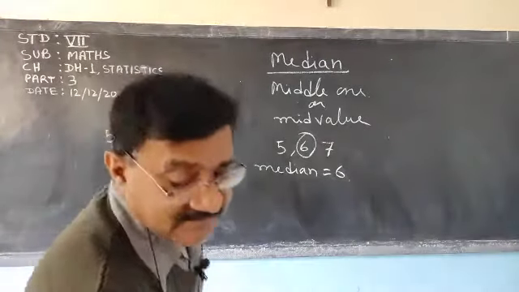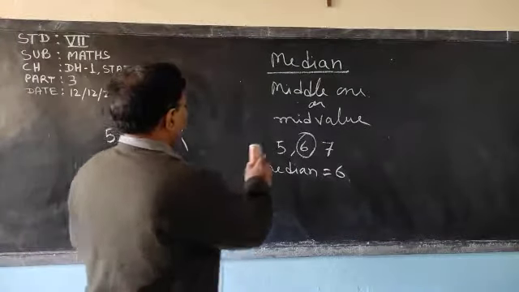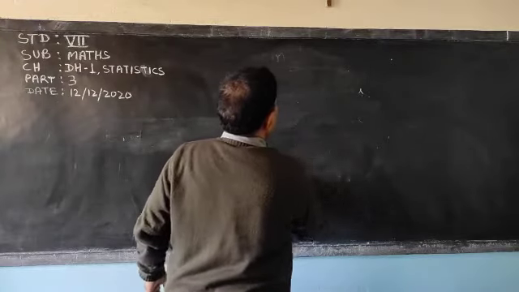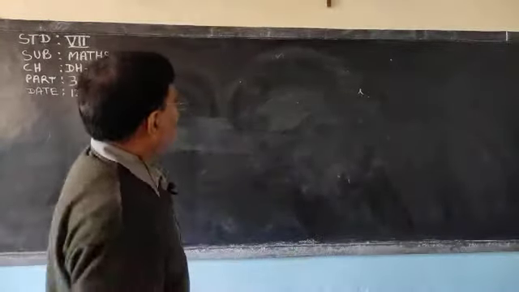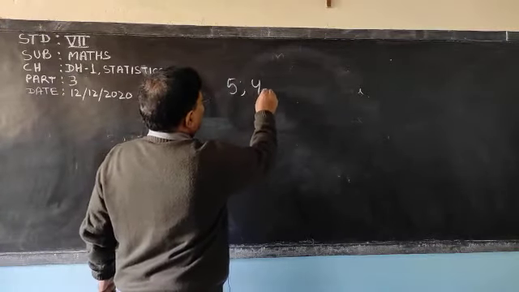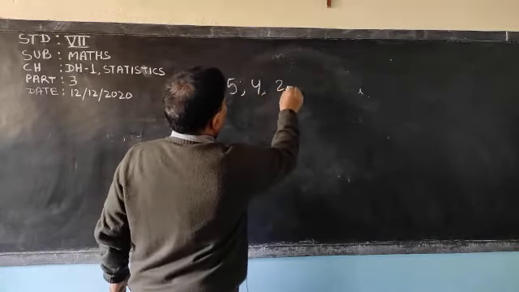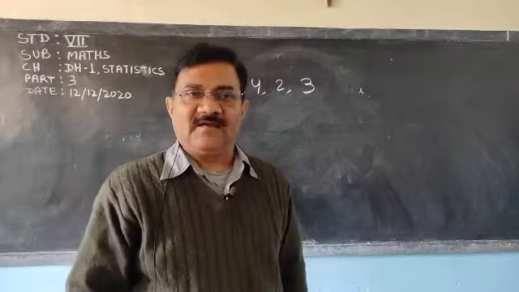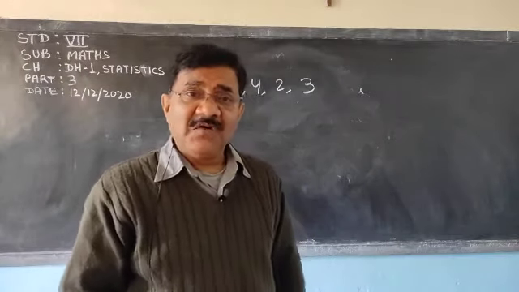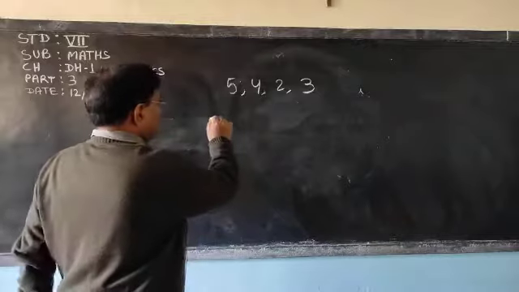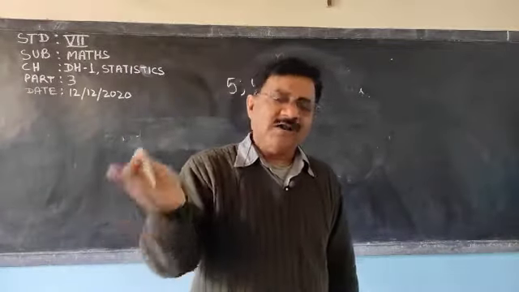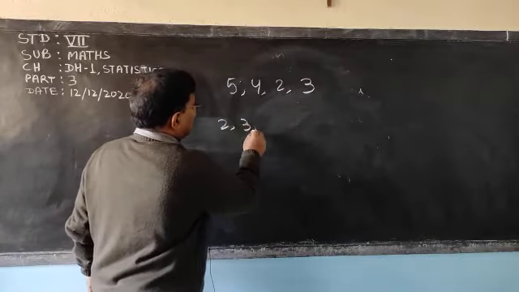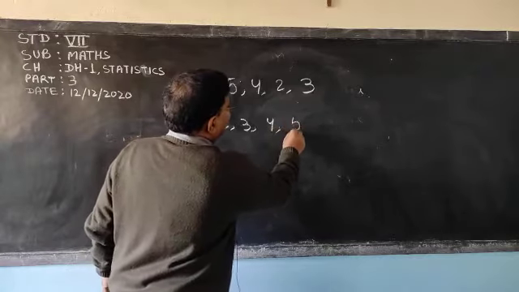If I am writing here 4, 5, 4, 2, 3. Find the median of the following. What you will do? First write as arrayed data, means either in the ascending or descending order. We can write it 2, 3, 4, 5.